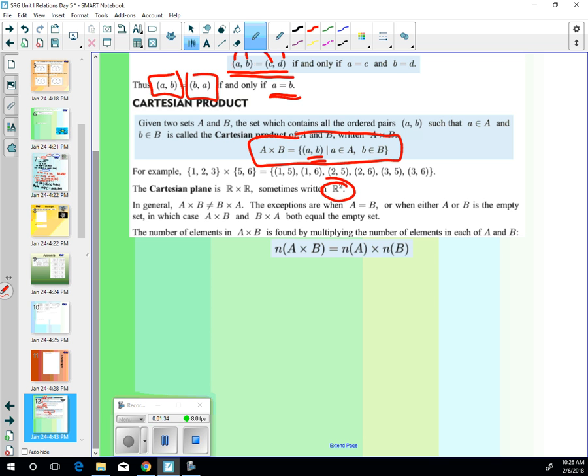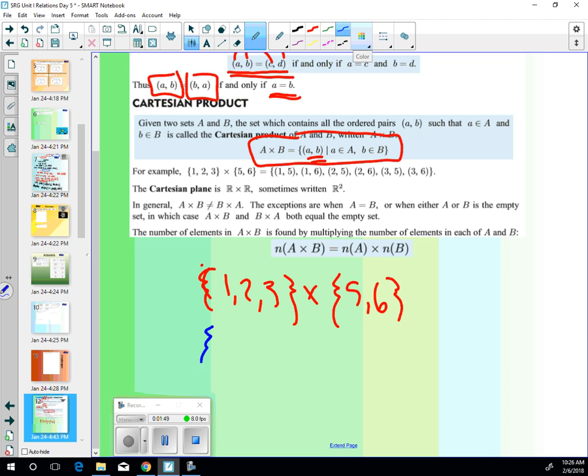So let's take a look at {1, 2, 3} pairing with {5, 6}. And we want to look at all the members of that set.